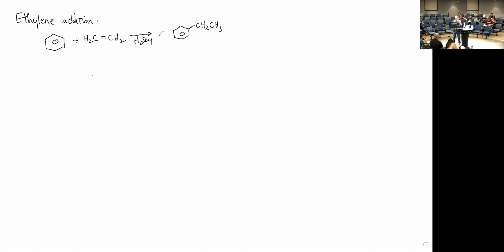So that means there's only two different catalysts. For some of these, sulfuric acid is the catalyst. For some of them, the metal halide is the catalyst. And in both cases, we really do mean a catalyst. It's neither generated nor consumed over the course of the reaction. At the end of the reaction, it is the same form as it had at the beginning. Good, so that's ethylene addition.